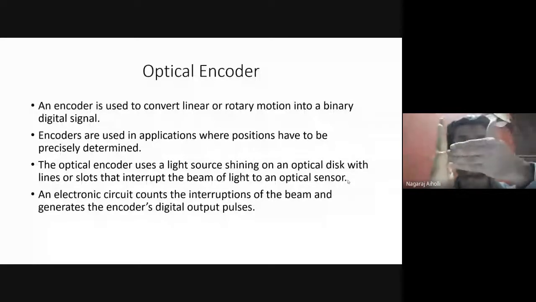The light passes through the disc wherever there are slots, and it is received at the other end where it falls on the sensor, and this sensor converts the light energy into electrical pulses, which is in the form of binary zeros and ones. An electronic circuit counts these interruptions of the beam and generates the encoder's digital output pulses.